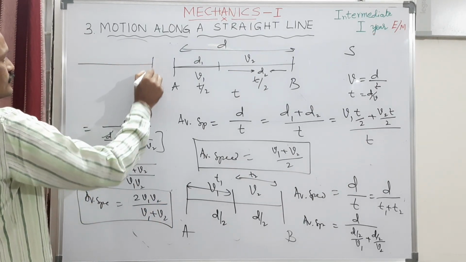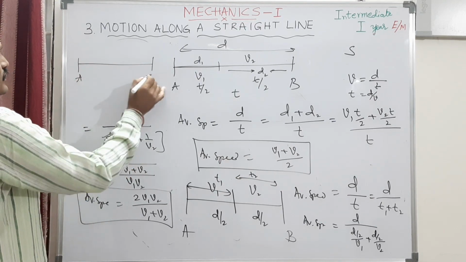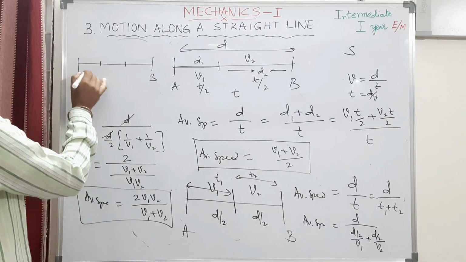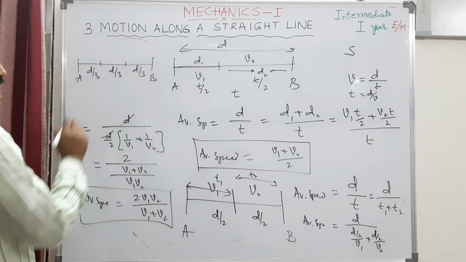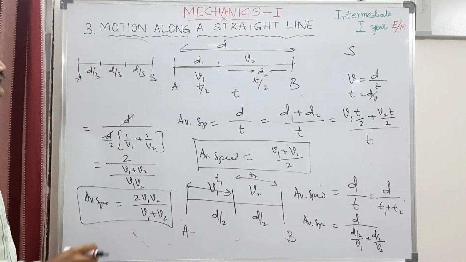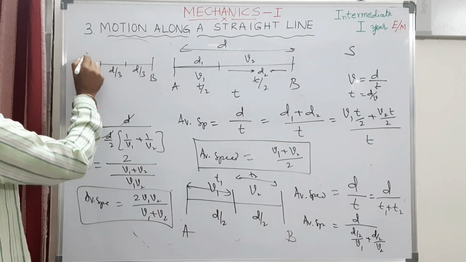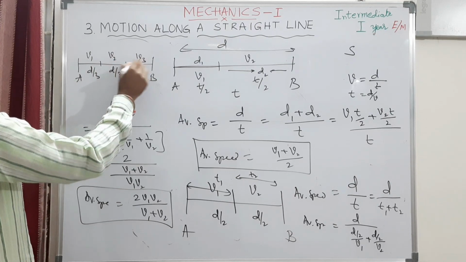You take a distance traveled by a passenger from A to B and you cut it into 3 equal parts, that is d by 3, d by 3 and d by 3. The first 1/3 part of his path, he travelled with speed v1, in the second one v2 and the last one v3.